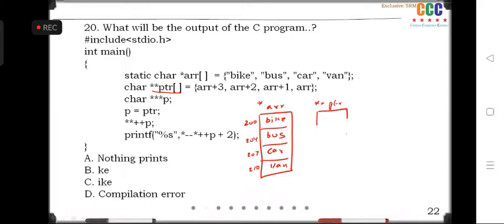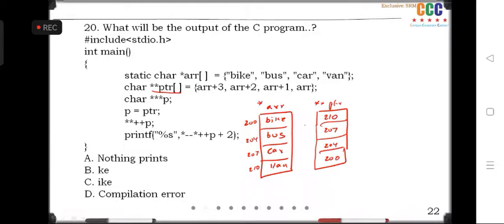PTR is pointing to ARR plus 3. Plus 3 is what? 0, 1, 2, 3. It is 210, and then it is 207, and then it is 204, and then it is 200.